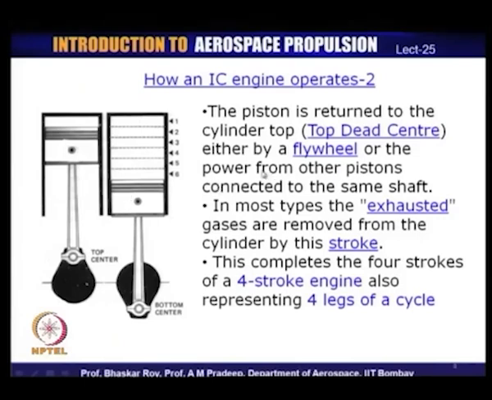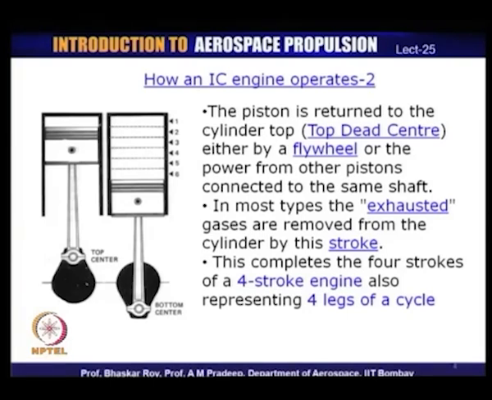This is normally done through what is known as a flywheel, which in the case of aircraft engines is a combination of the crankshaft, the propeller and the rest of the things, which means once the power stroke is delivered, this entire flywheel motion, that is the propeller and crankshaft, starts moving. That means their rotary motion is initiated.